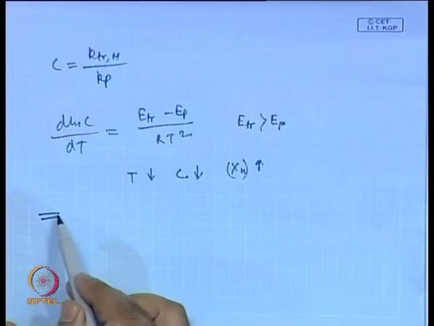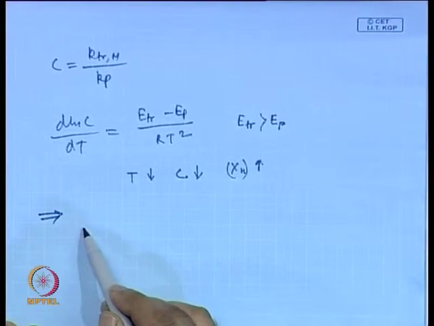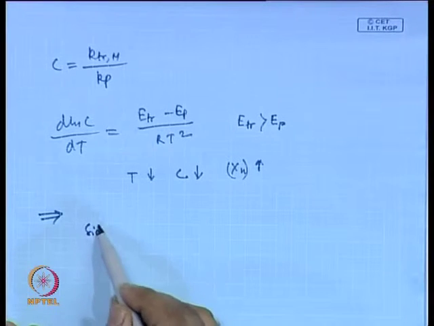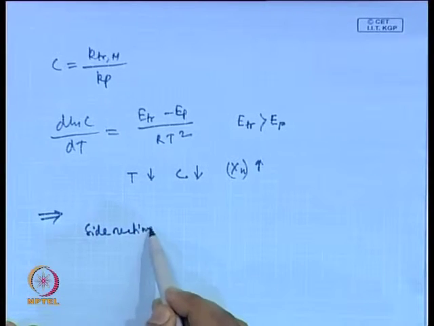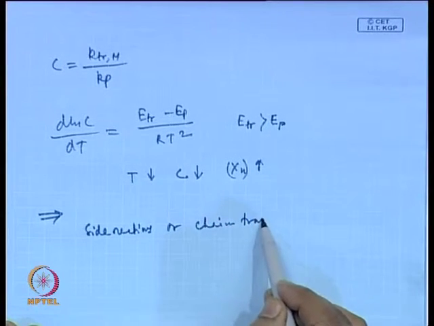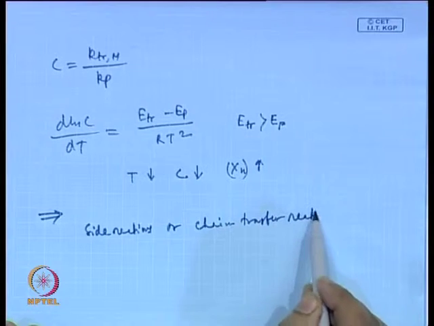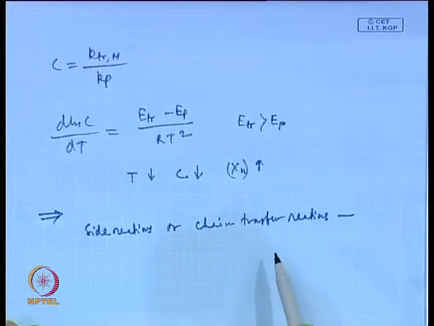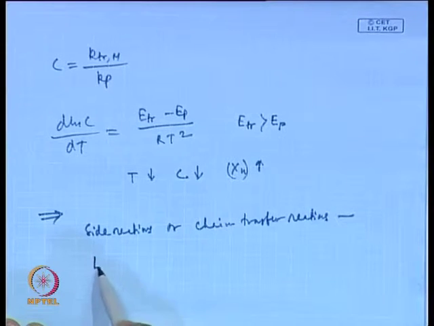Now, if you can do reactions where you do not have these side reactions or this chain transfer reaction, then you can keep these cationic propagating chains alive, and you can get living cationic polymerization.